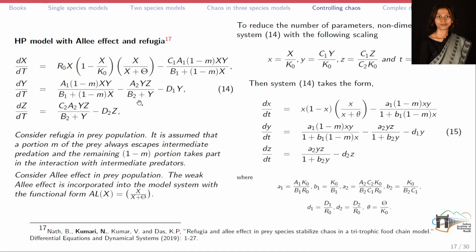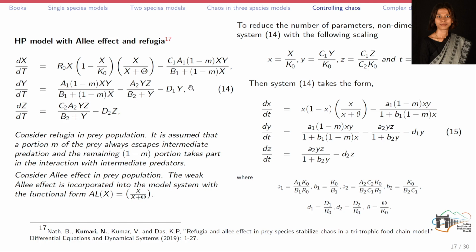So here the refugia is being introduced using this particular term, as we can see. So what is M here? What do you understand by refugia? Whenever a small portion of the population is able to escape predation, that is termed refugia, and this can be supported by the environment or other possible ecological factors.